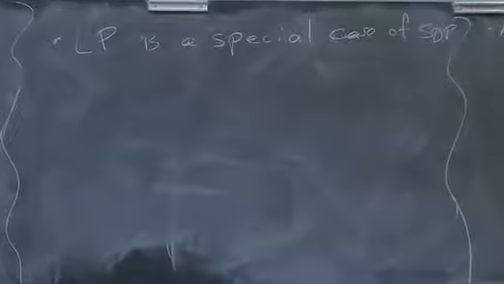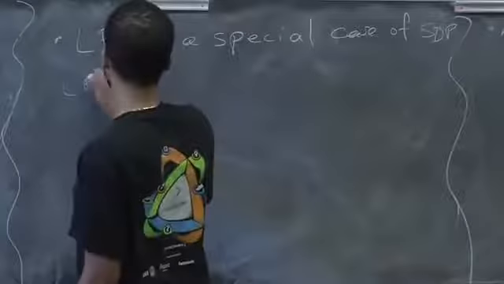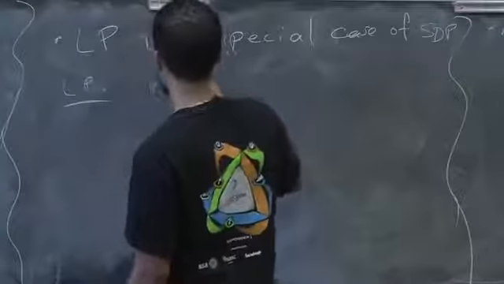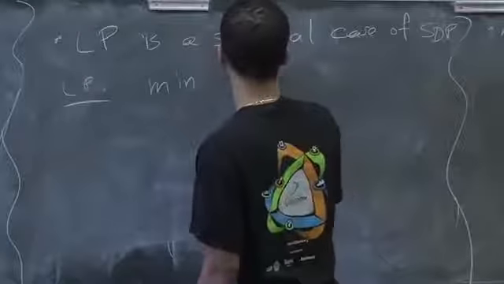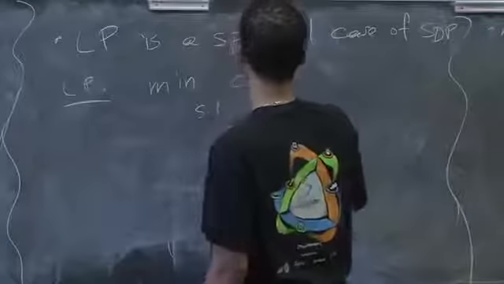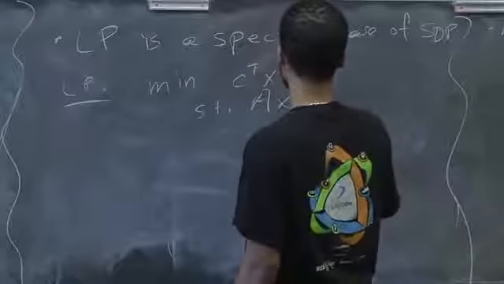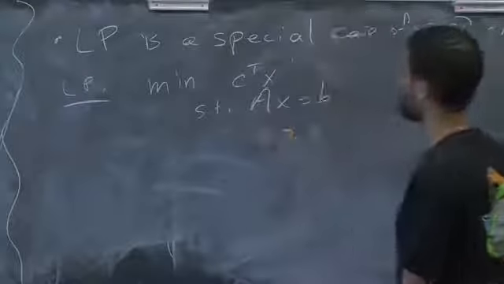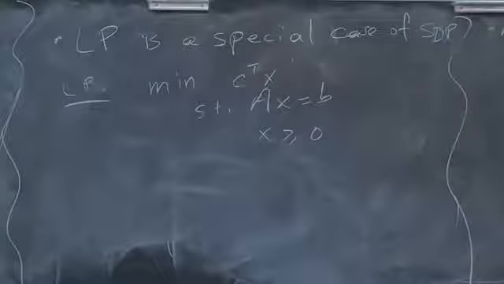So suppose I have an LP that looks like this. Any LP, by the way, can be written in this form. Minimize C transpose X subject to AX equals B, and X is at least 0 in every coordinate. I claim that this can be represented as an SDP. Yeah, so exactly.